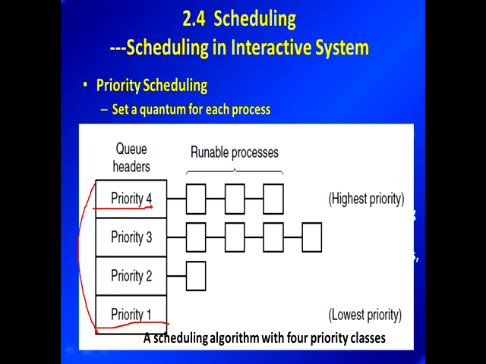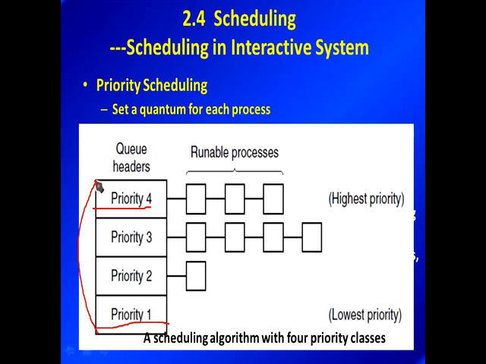In each class, all the processes have the same priority, and of course they are on a queue. Each time the scheduler runs, it chooses a process from the class with the highest priority. And if there is no process in the class with the highest priority, it can try another process in the class with lower priority.